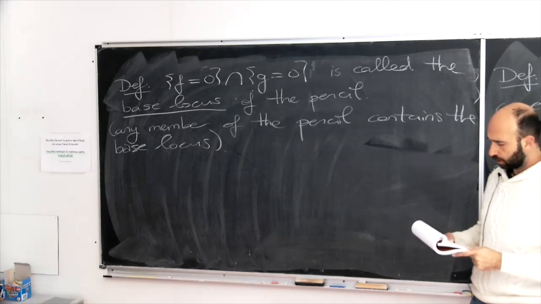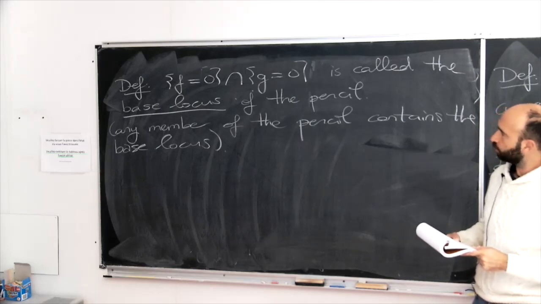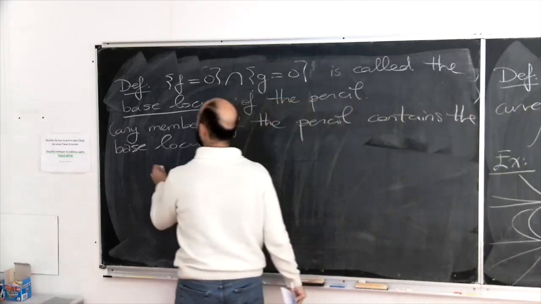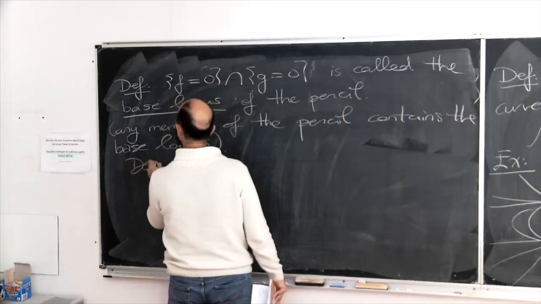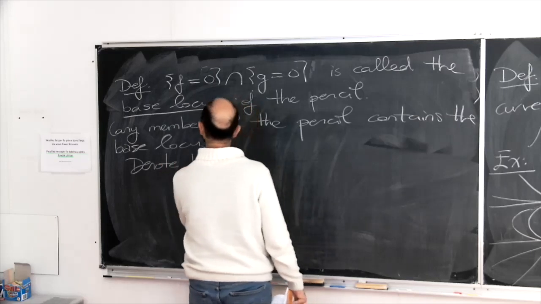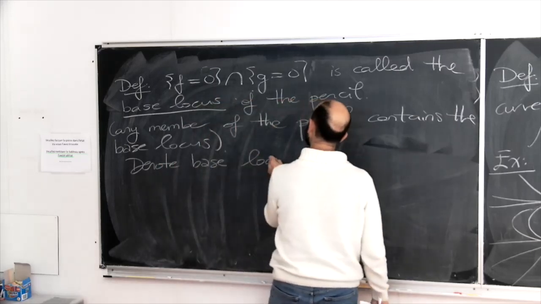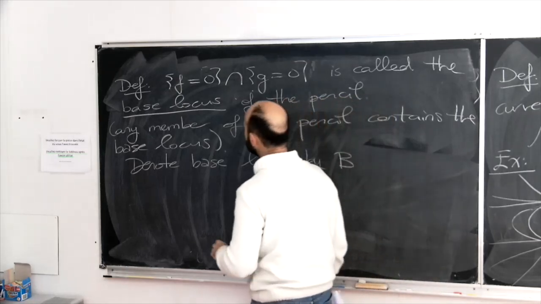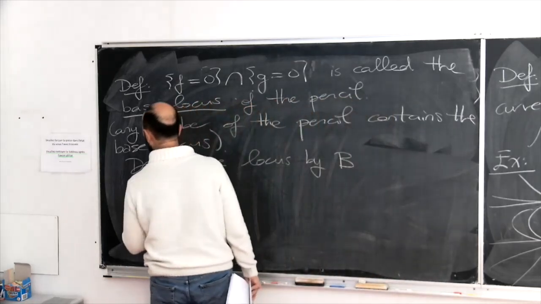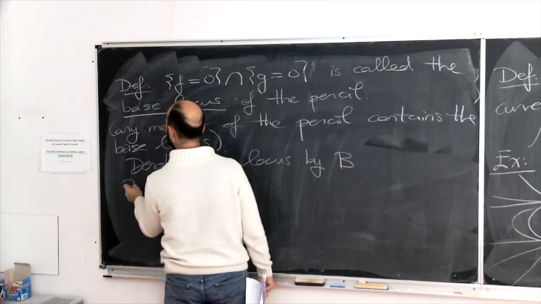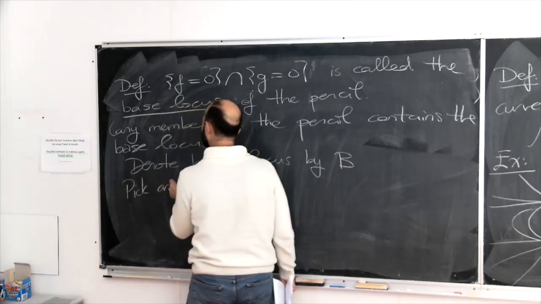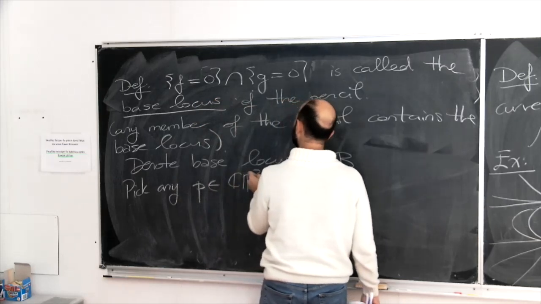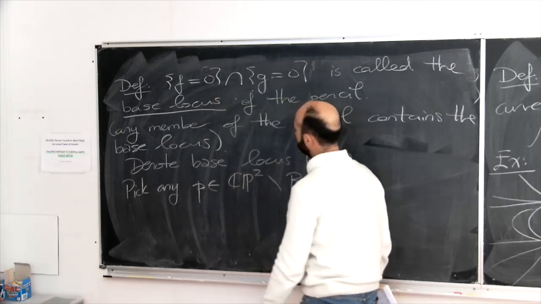Okay, now let's look at some point which is not in the base locus. Say denote the base locus by B, and suppose you have a pencil of degree d curves. Pick any P which is outside this base locus.